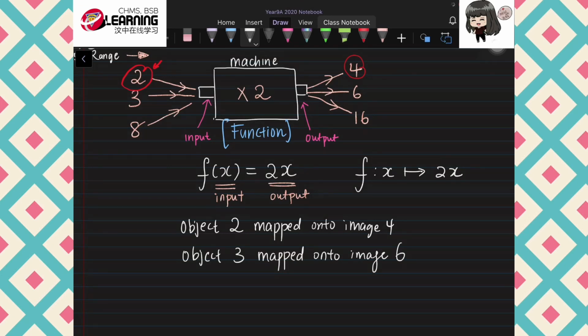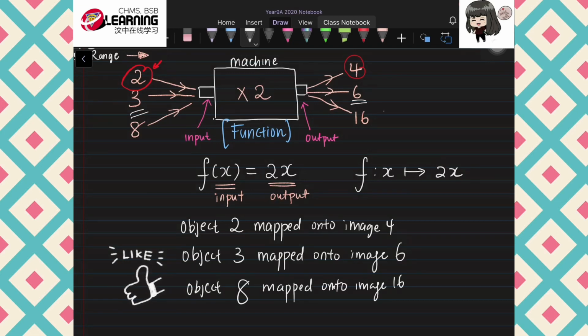You see that? Object 3 maps onto image 6. And what object will map onto image 16? Can you answer me that? What object maps onto image 16? Yes, the answer is 8. Because the image here is 16, the object here is 8.